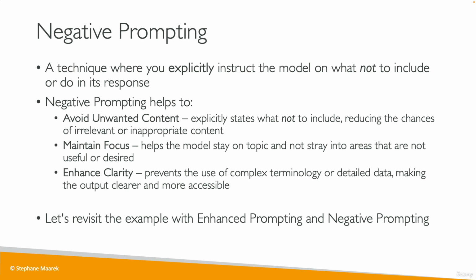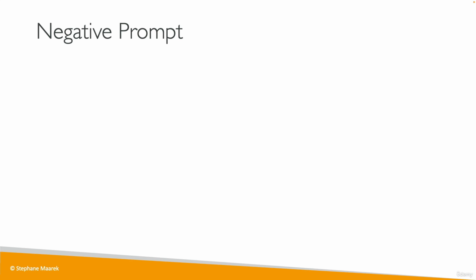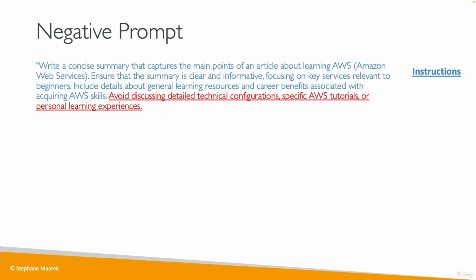So let's have a look at the enhanced prompt from before, but now we're going to add negative prompting. The instructions are going to be exactly the same, but I'm going to add: avoid discussing technical configurations, specific AWS tutorials, or personal learning experiences.